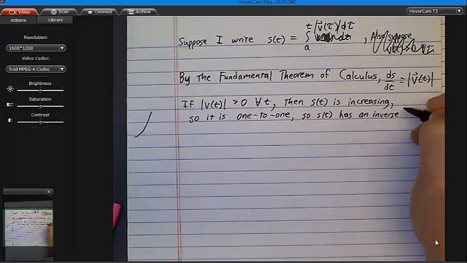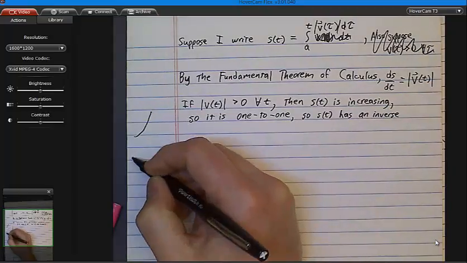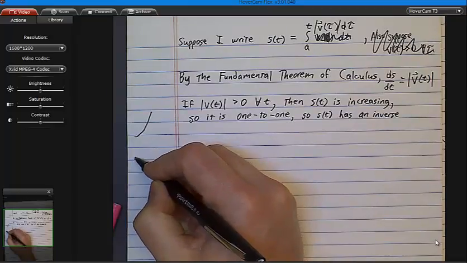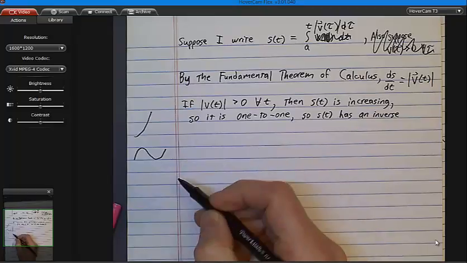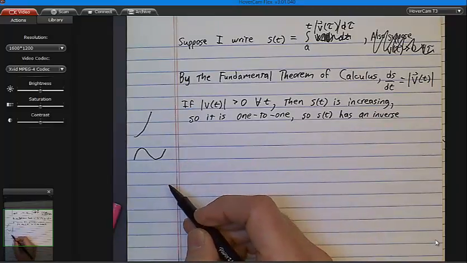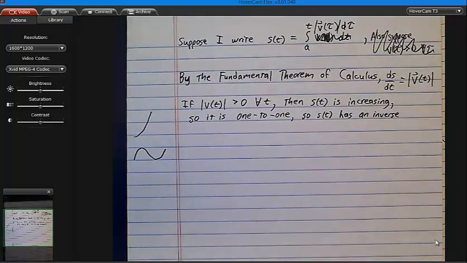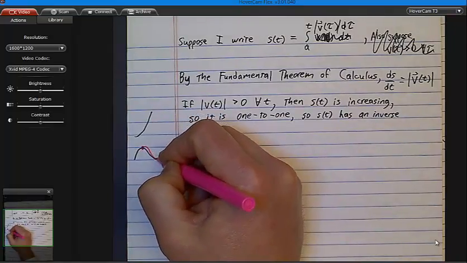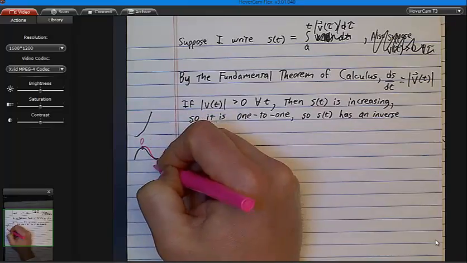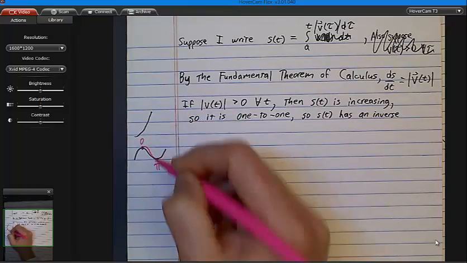Oh, yeah, I remember that because in Calc 1, or even in trig class, we had the cosine function, right? And for the cosine function, if we wanted to take the inverse, we had to restrict the domain to go from just 0 to pi. You guys remember that?